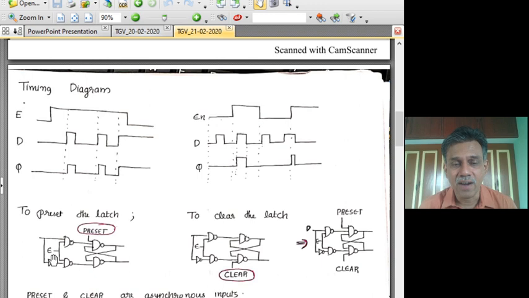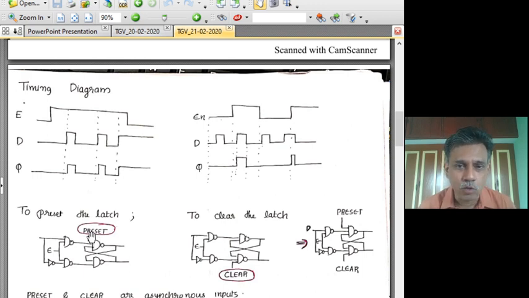When devices operate as a result of a clock input, then we say that all those change synchronously. But this is an asynchronous input, that without any influence of the clock, anytime we can make use of it to set this one. So we will call it an asynchronous input, and it is a preset one, and it is an active low one.